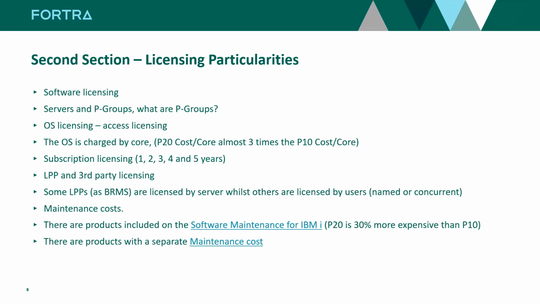Today we have P05, P10, P20, and P30. And there used to be P40 and P50, but that's not anymore. Now, if we go back to models that we saw a couple of slides back, the one-way 4-core 64 gigabyte 1014, which was the smallest of them, is a P10.